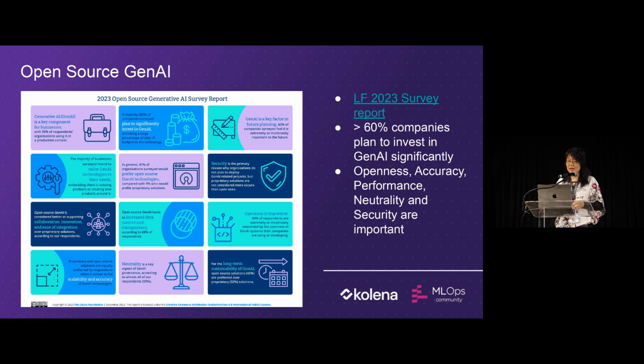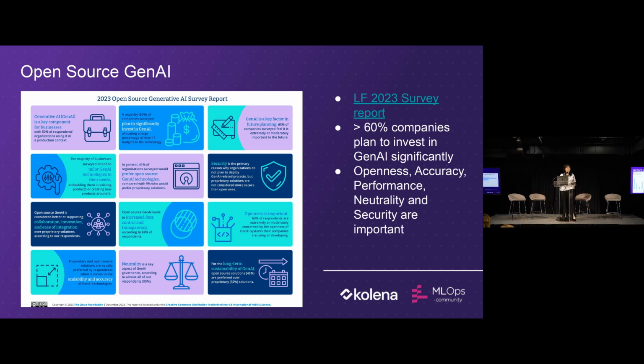On the other hand, there are a bunch of factors people really care about, for example openness, quality like performance, accuracy, and consistency. They want neutrality, and security is very important.